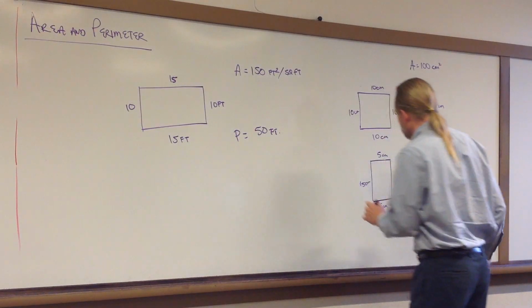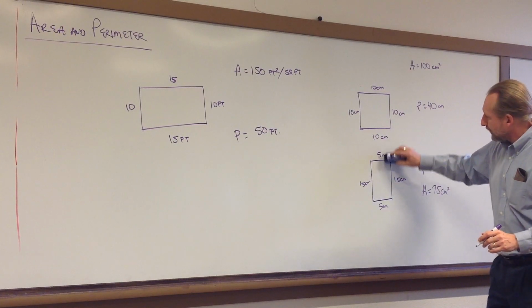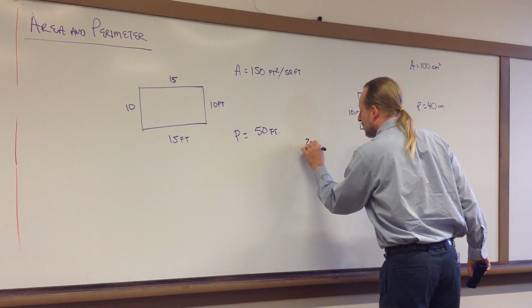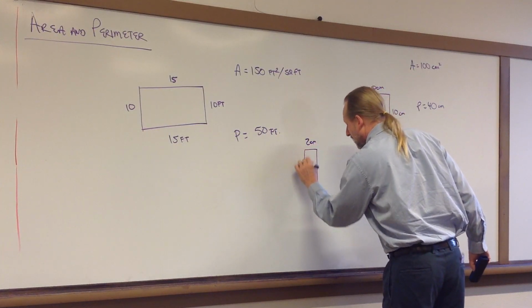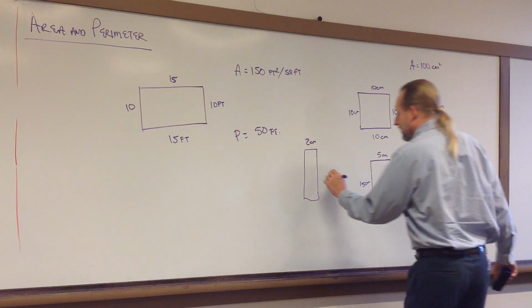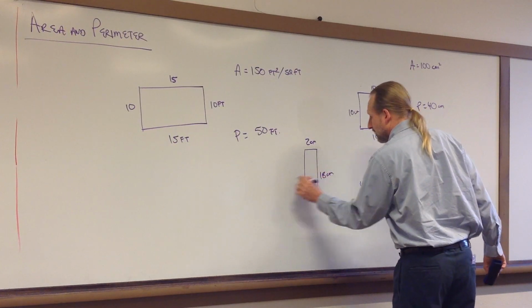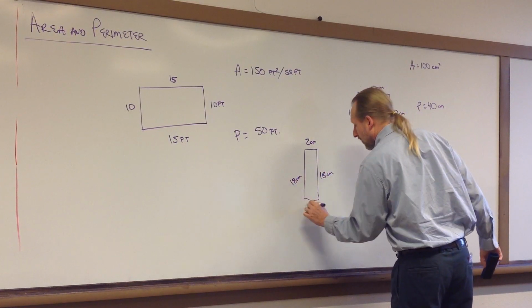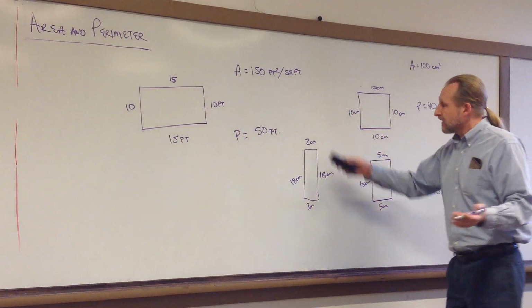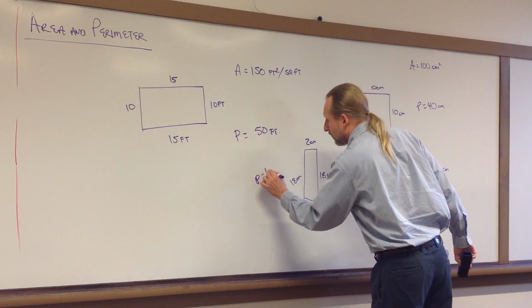Let's see what happens if we do that. Let's say we take 3 more centimeters off of this. So now the thing is only 2 centimeters wide. And if we added those 3 on here, those would be 18 centimeters long. Now notice our perimeter is the same. It's still 40. P equals 40.